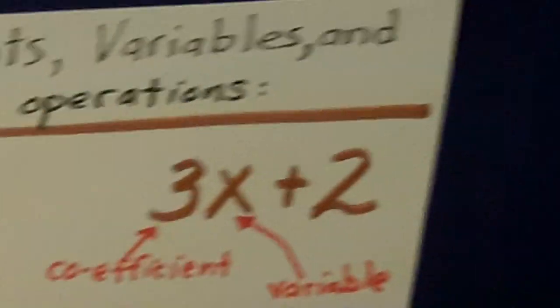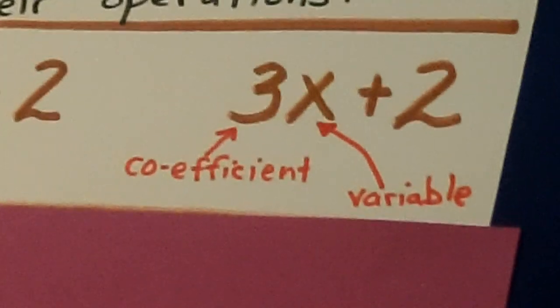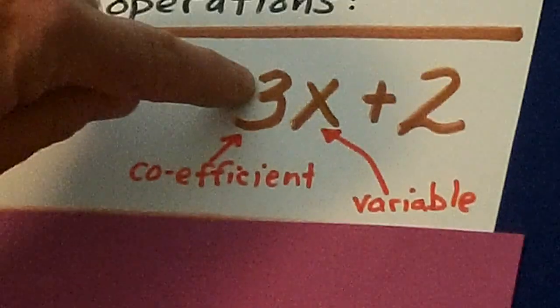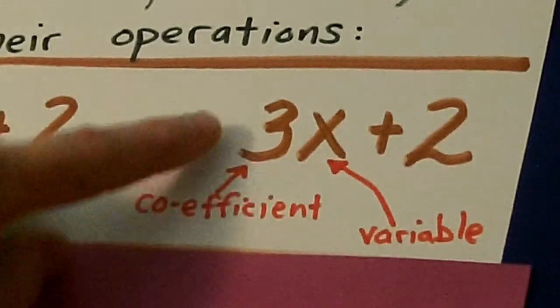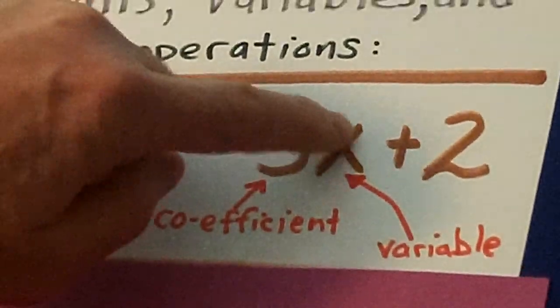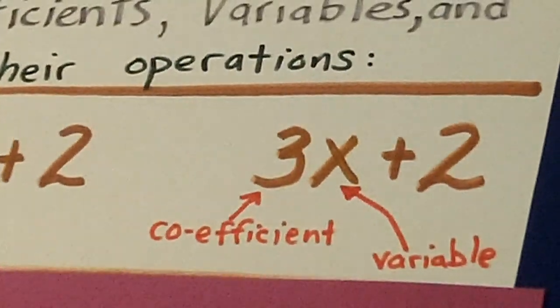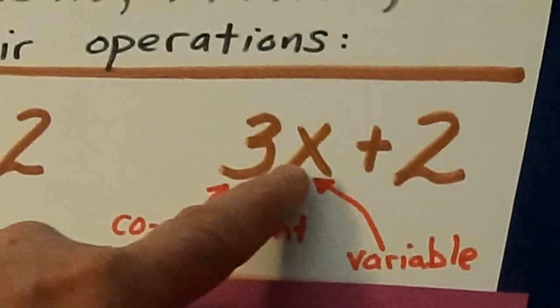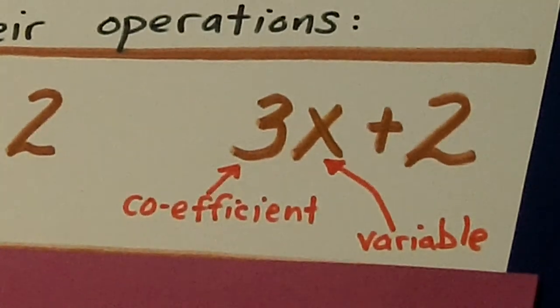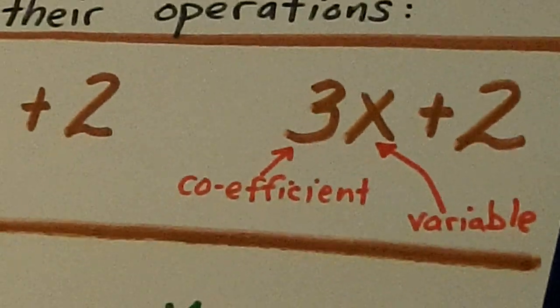Now, a coefficient, whoa, that's a big word, which means when a number is attached to the variable, like 3x, and this means 3 times X. They do not have a little dot there, but when it's attached like this, it means 3 multiplied by this variable X. Okay? All right.